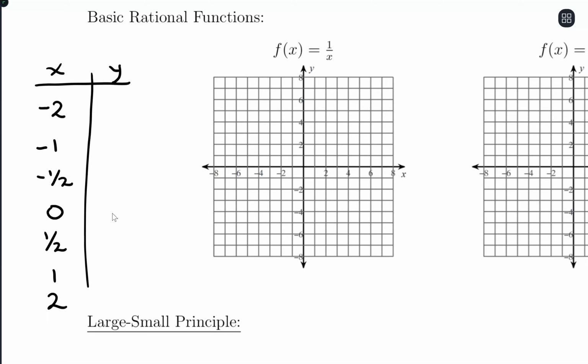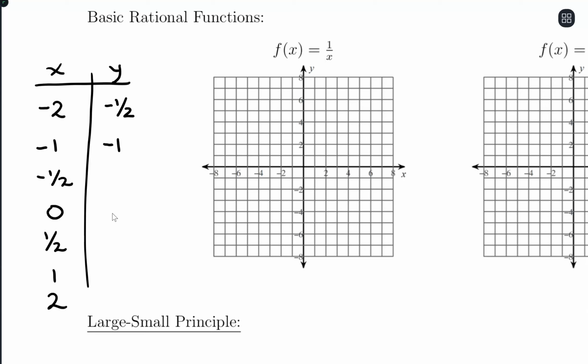I'm focusing really on the middle of this graph. So at -2, if I plug in -2 into the denominator, I'm going to have -1/2. If I plug in -1, 1 divided by -1 is -1.